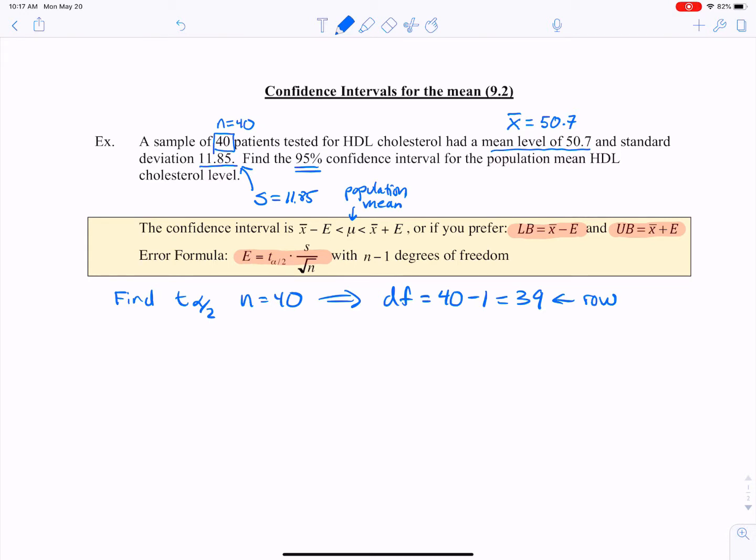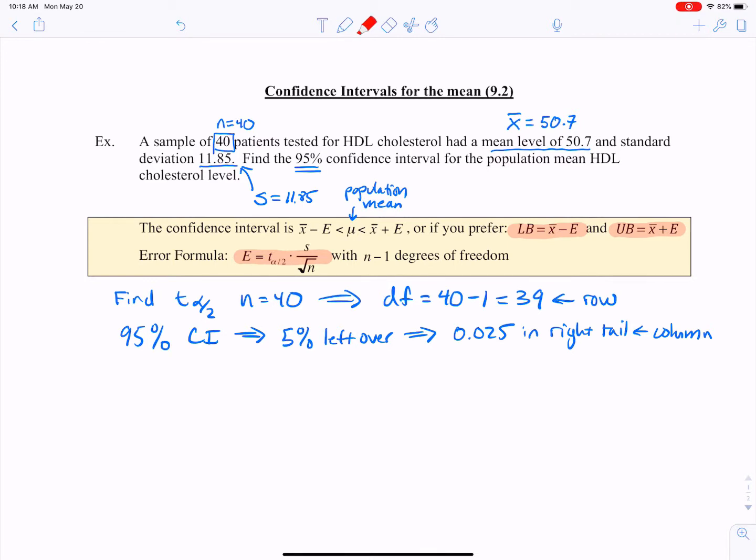We also know that we want a 95% confidence interval, which tells me that we have 5% left over for the two tails, which means we need to have 0.025 in the right tail. And that's the column that we're going to look at in the table. Remember, we're looking for the row 39, and the column is 0.025.